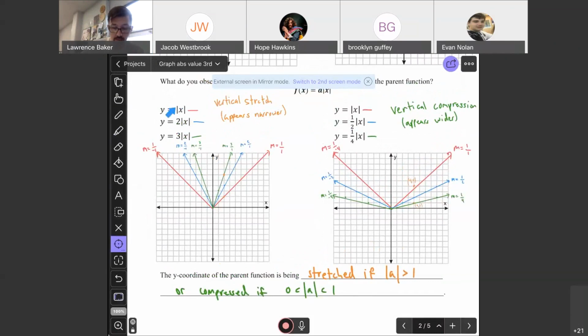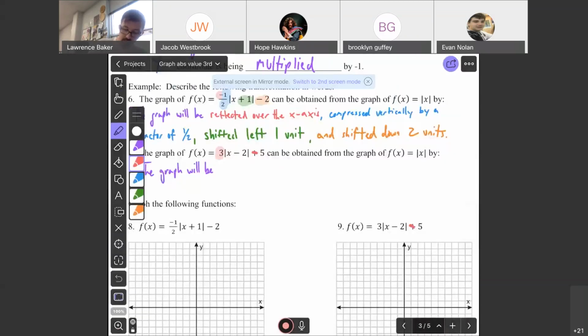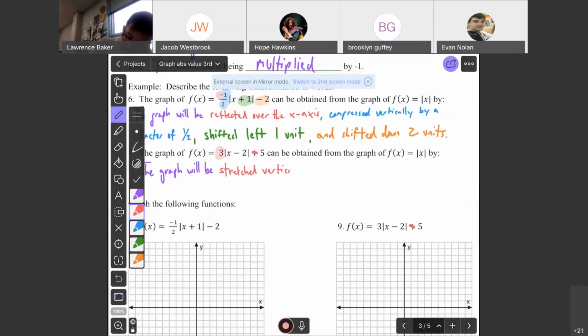So if the number's bigger than 1, stretch. If the number's less than 1, it's compression. They're all positive, and that's all we're talking about right now. Just stretching or compressing. So it could be stretched vertically or compressed vertically. It doesn't really matter which way you say that. And then again, you say by a factor of.